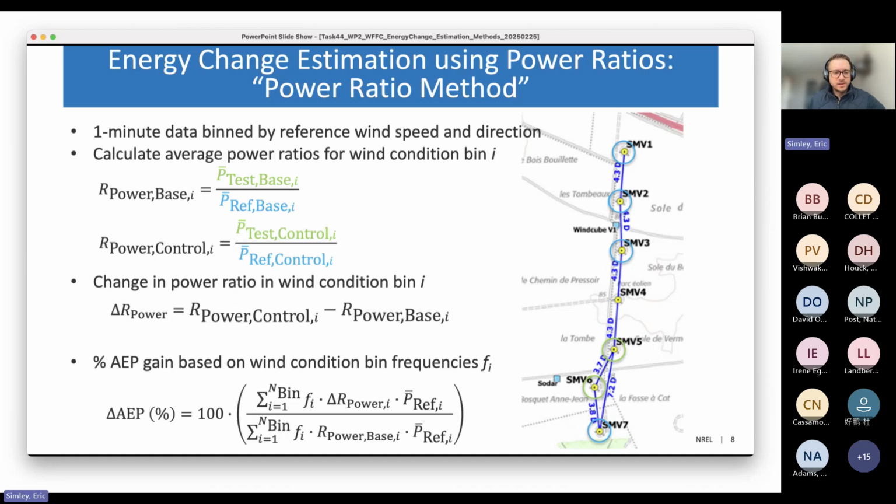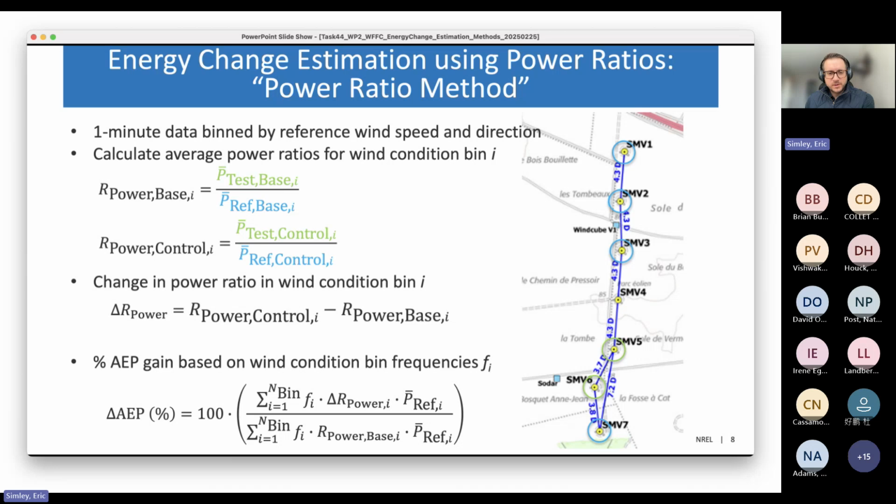And we could come up with the single metric that we're most interested in, which is the percent change in energy during the experiment based on the change in power ratio for each wind condition bin. And this says percent AEP gain, but really it could just be percent energy gain during whatever period we're interested in.